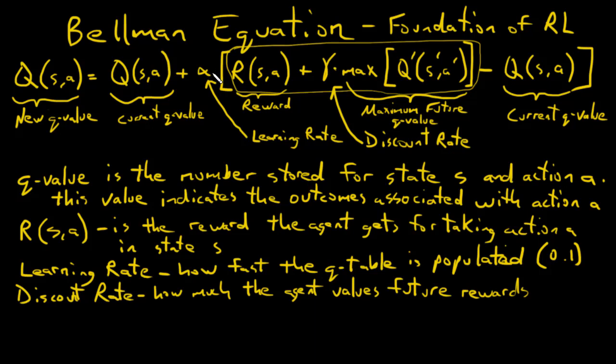Okay? So that is the Bellman equation in a nutshell. You're going to evaluate immediate reward, potential reward, and then update your Q value based on that.